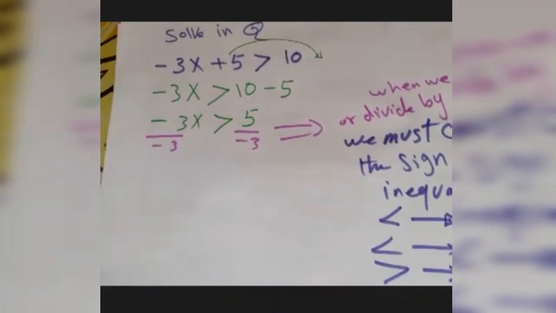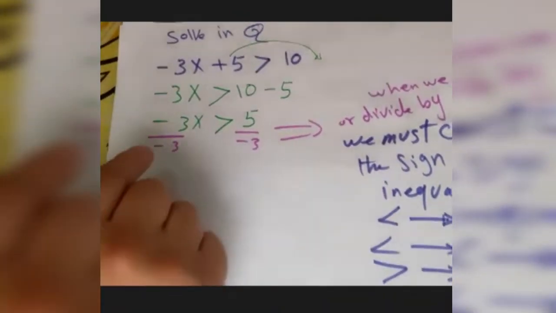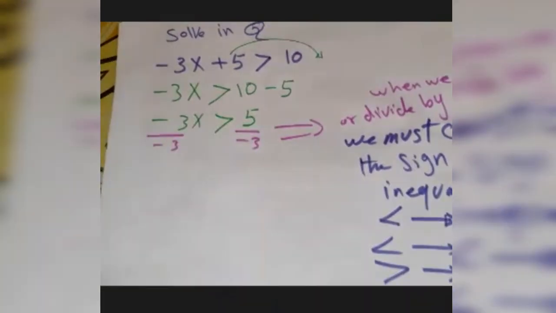Again, this rule is very, very important. Pay attention. When we multiply or divide by a negative number, as in this case, we must change the sign of inequality.